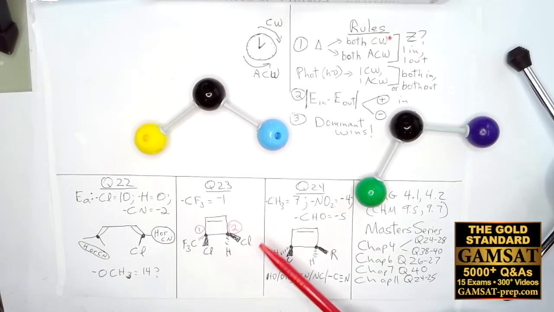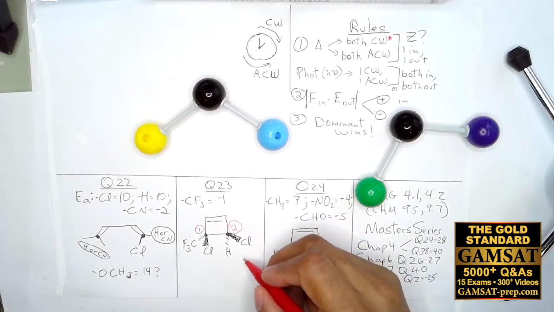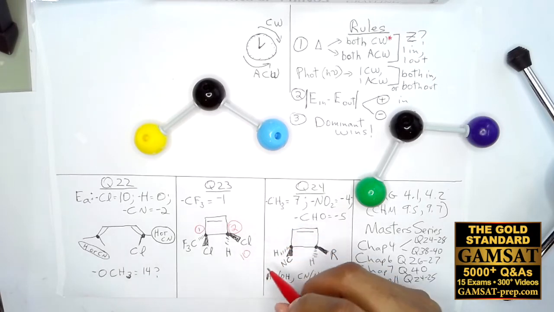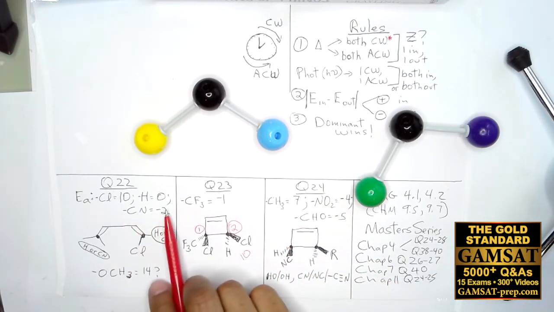Some students looked at the difference between chloride and hydrogen and correctly assumed that the activation energy difference is 10, because chloride is 10 and hydrogen 0.